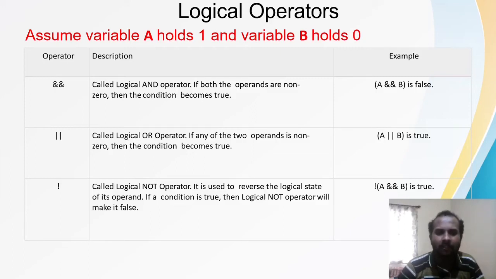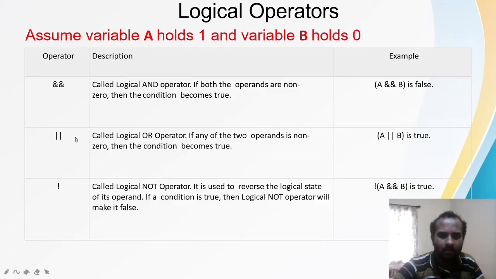Even if one of the operands or values is false, then your output will be false, right? Same logic is applied here. So only when both the operands or both the expressions are true, then your output will be true. That is, if a and b are both true, then only it will be true. But here a is holding 1 and b is holding 0, so it will be false.